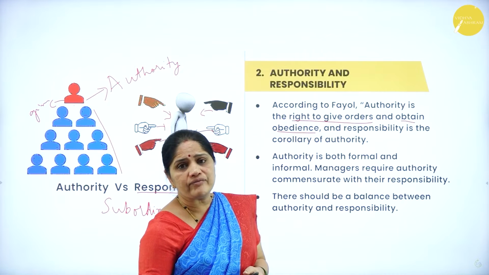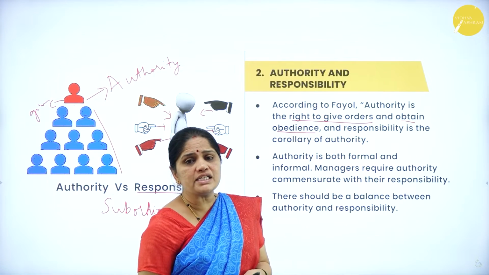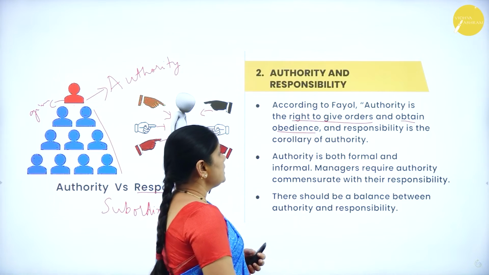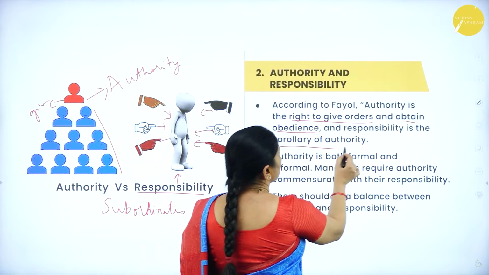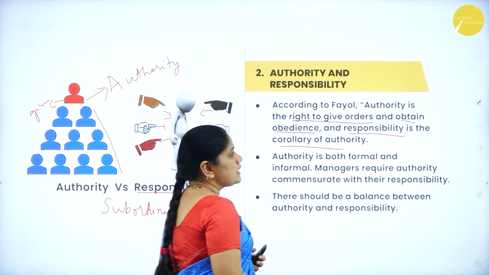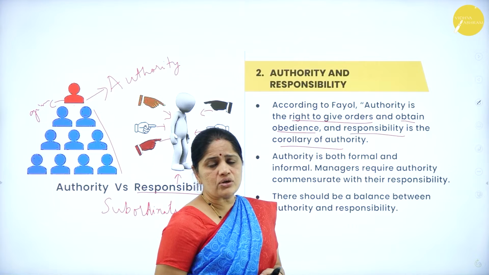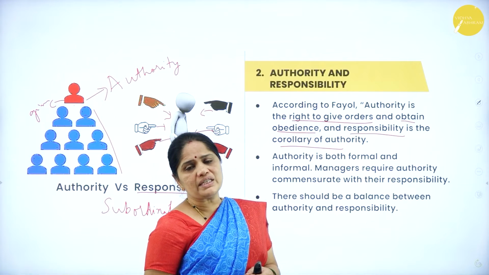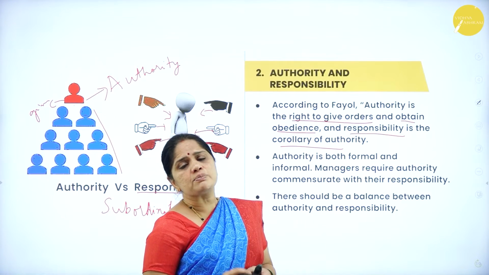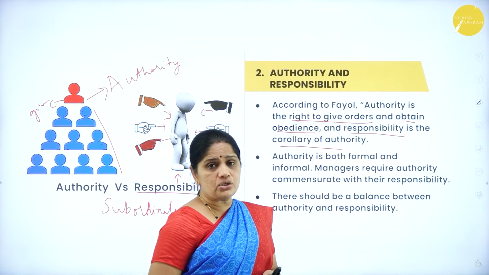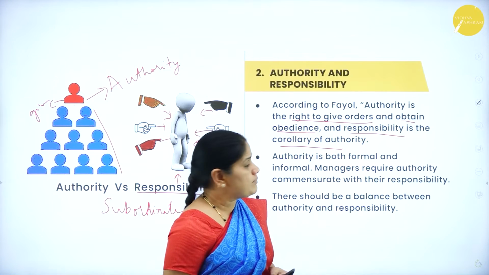That is, he has to get obedience from the subordinates, and responsibility is the corollary of authority. So responsibility is his only. So the person who is giving the orders, he will be responsible for the work. He has to get it done from his subordinates.